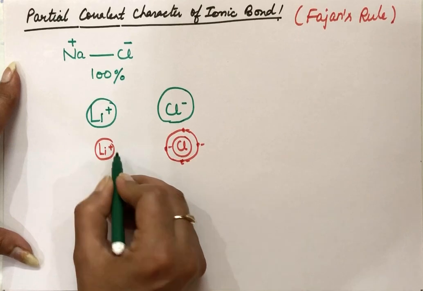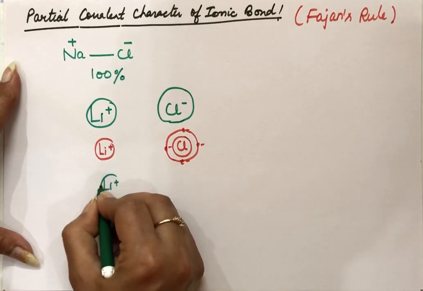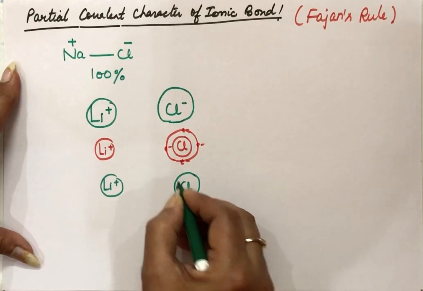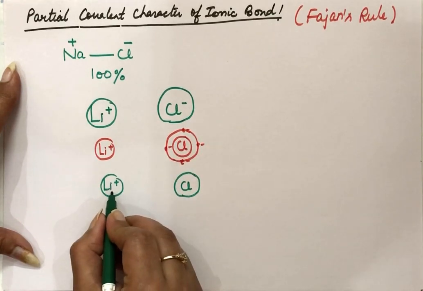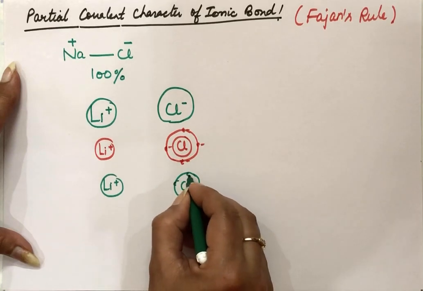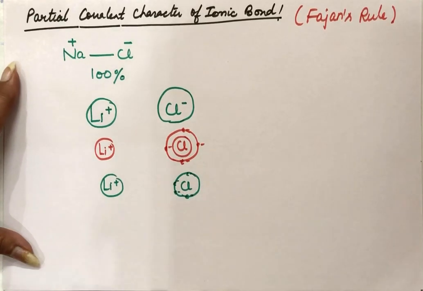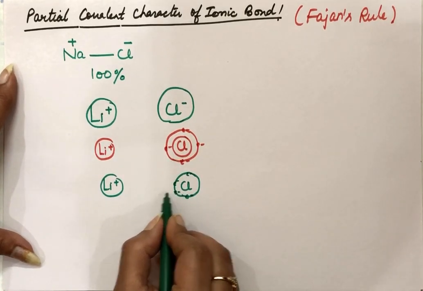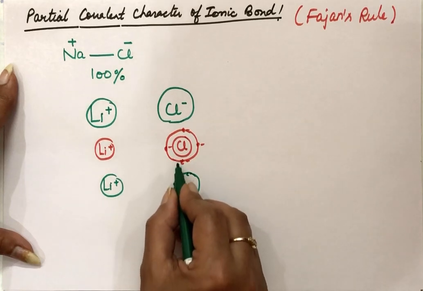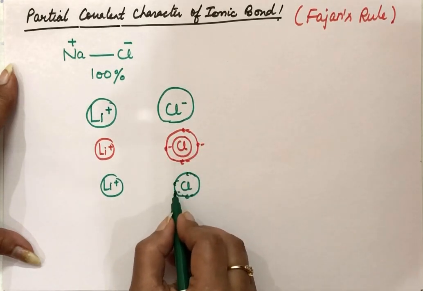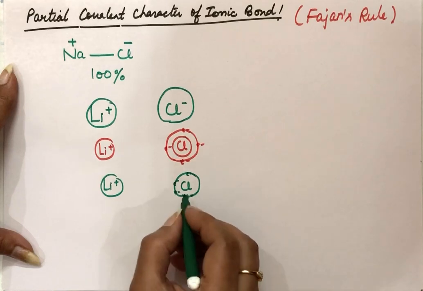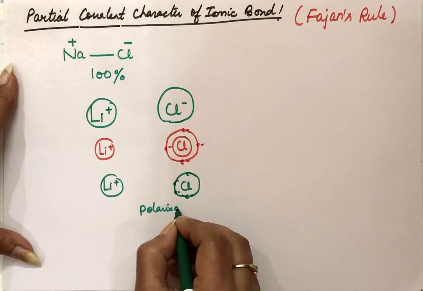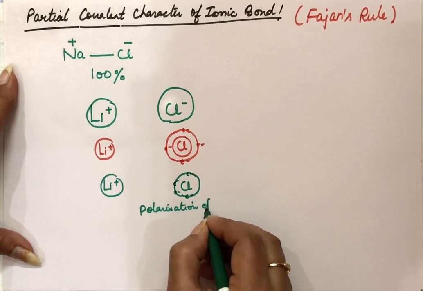So the electrons no longer move symmetrically around Cl; they are slightly displaced towards the side of the cation. So this electron cloud, which was symmetrical, now gets distorted. This is called polarization of the anion.